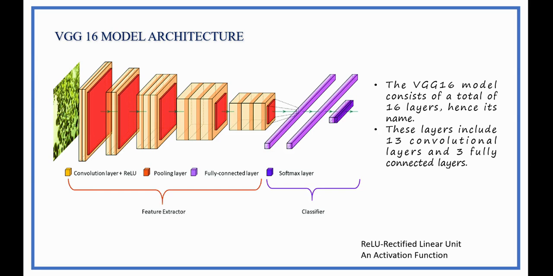In the convolutional layers, 13 convolution layers are used. They use small 3 x 3 filters to capture the fine details of the image.